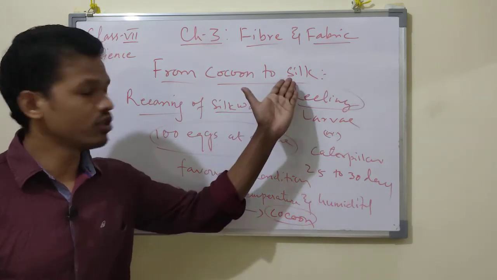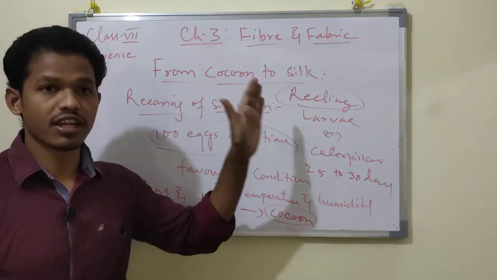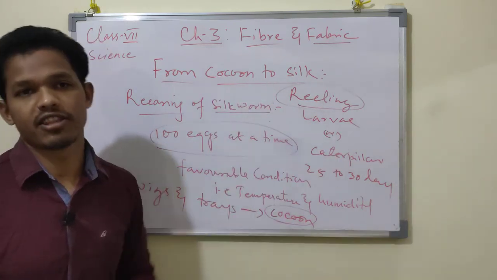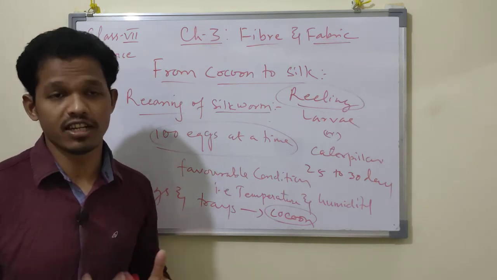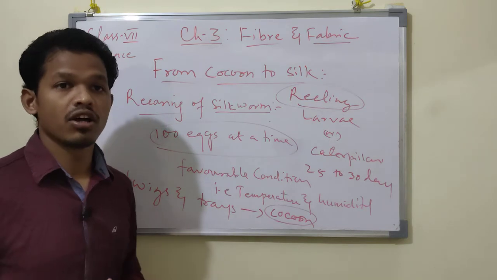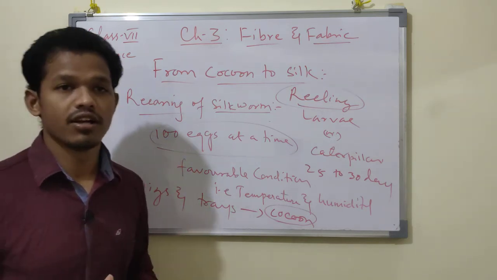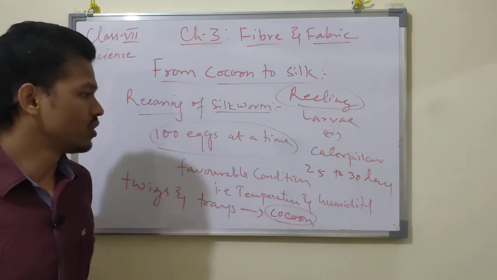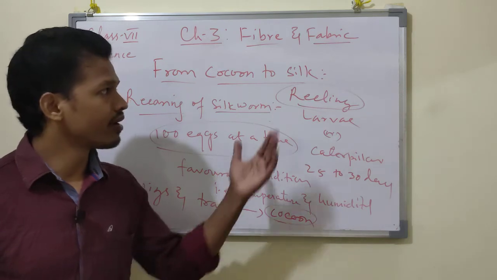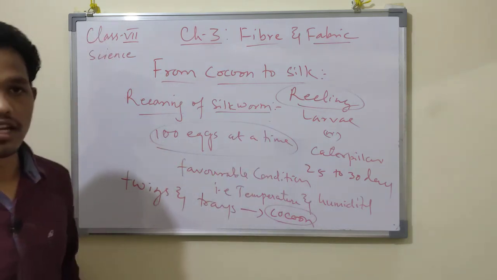Because it is so expensive, most people cannot afford it. Therefore they go for artificial silk, which brings down the cost of the fiber and decreases the price, so that people who depend on synthetic fiber can afford it instead of natural silk.